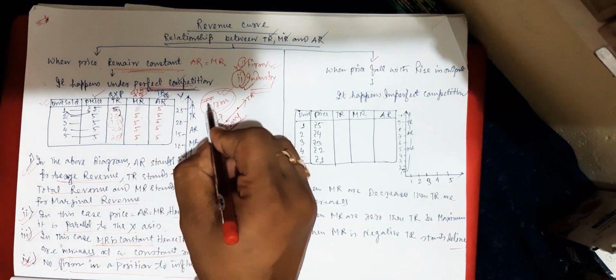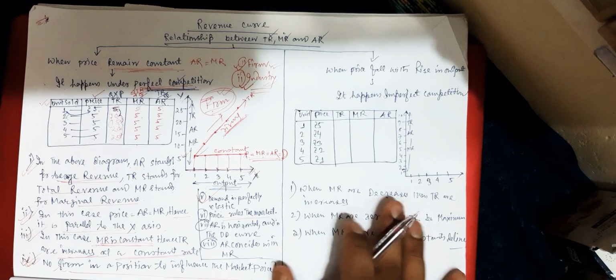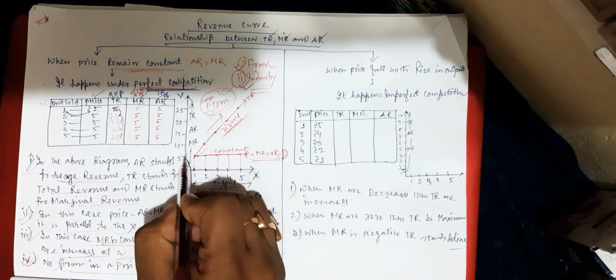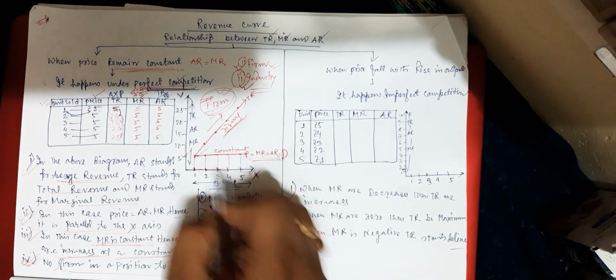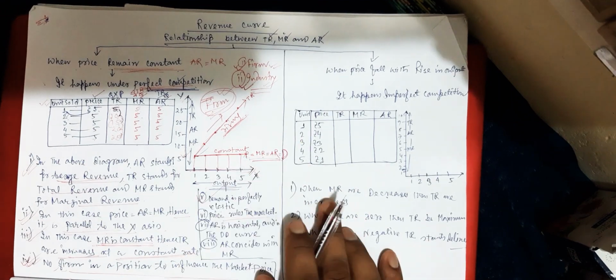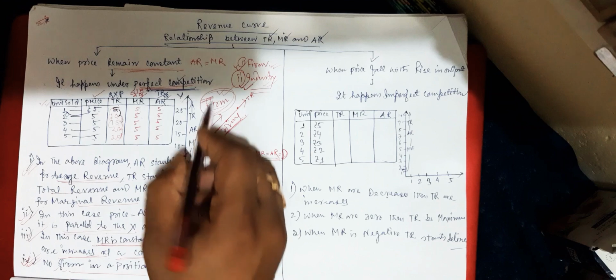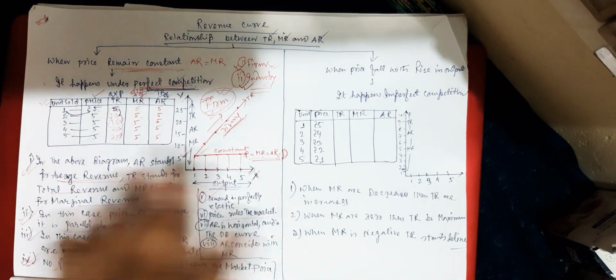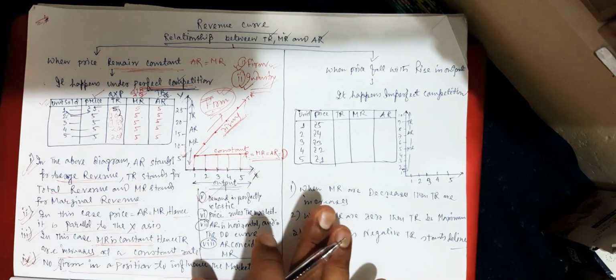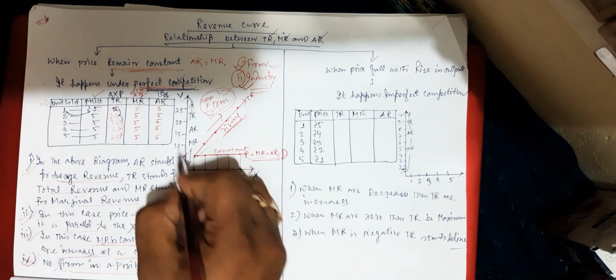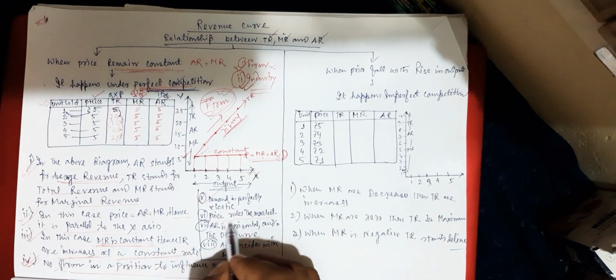That's why the farm doesn't want to change the price, because the farm also knows that if they raise the price, demand will be zero. No one will purchase from them. So the farm doesn't have any power or position to change the price. That's why it is written price rules the markets.